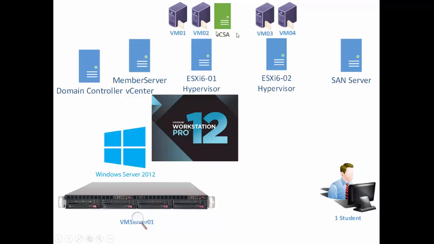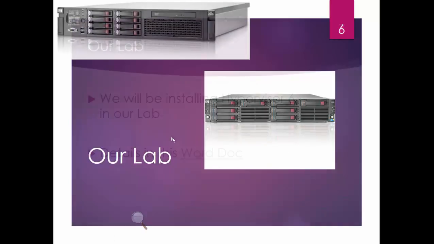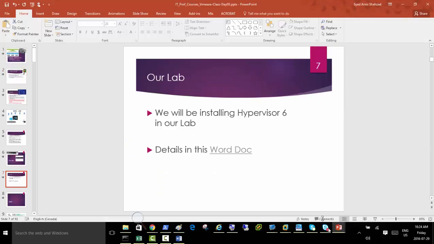For that, let's talk about vCenter while the whole thing is being copied. Also, we're going to take care of the IP address steps when deploying the hypervisor, and this will be the link at the end if we are able to deploy vCSA successfully. Now let's go ahead and talk about vCSA, which is the second slide.